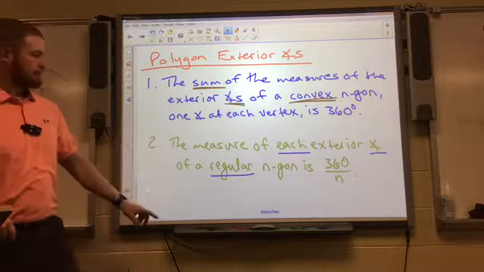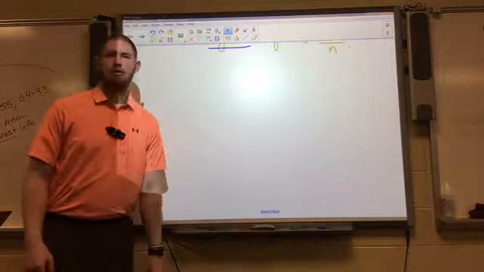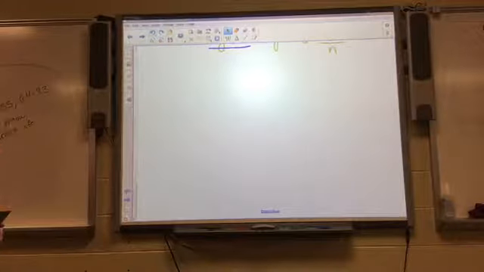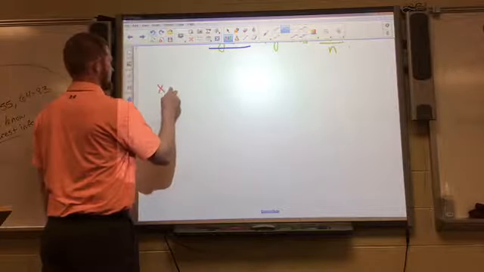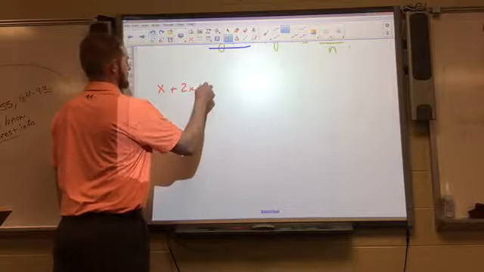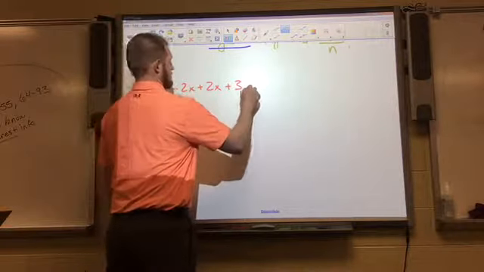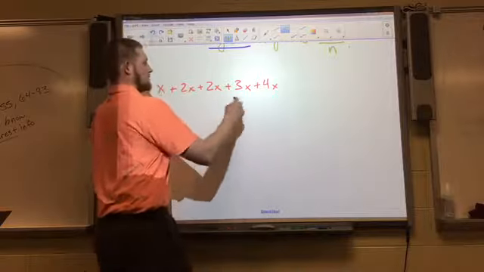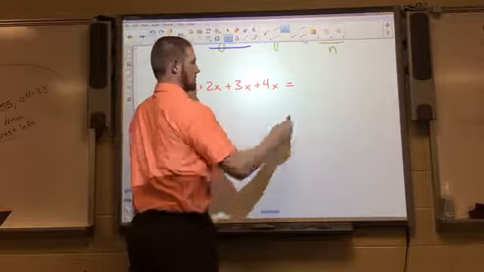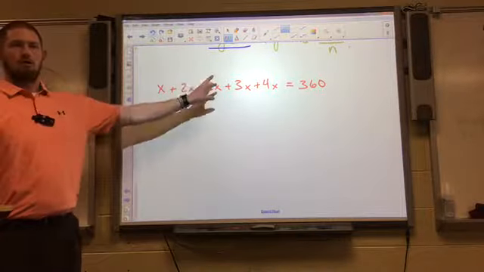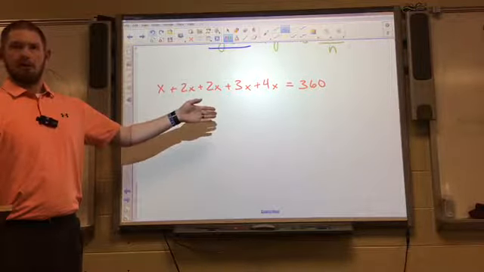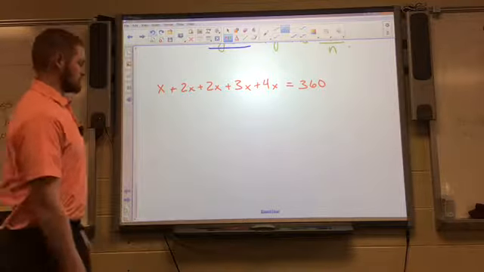No. Do I have enough information, or do they give me enough angle measures to figure out what x equals, though? Yeah, because when I add all of those together, they should equal what? 360. So, correct me if I get this wrong, I believe my numbers are x, 2x, 2x, 3x, and 4x, right? And those should all add together to equal 360. So then from there, you combine your like terms and divide, and you figure out what x is. Okay, that one's not too bad.